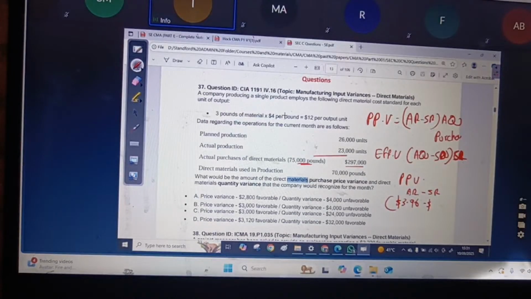Actual quantity purchased, 75,000, because they are asking for material purchase price variance.